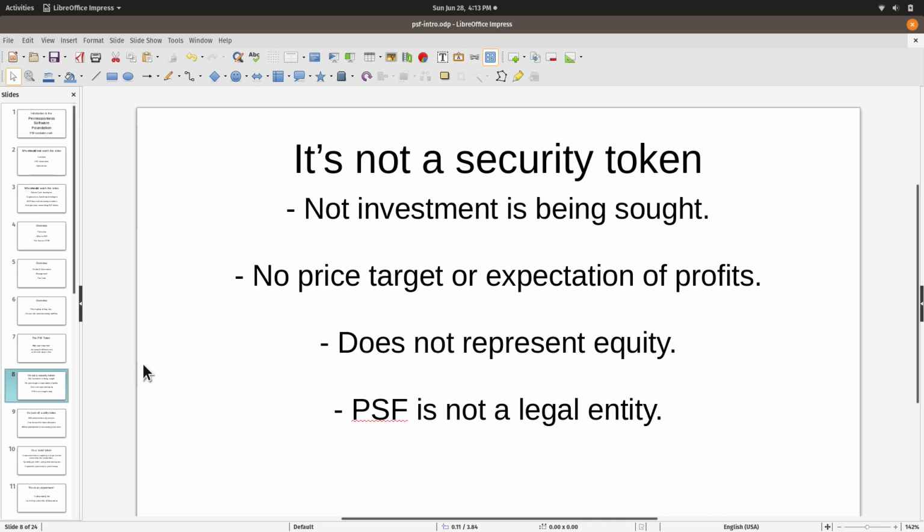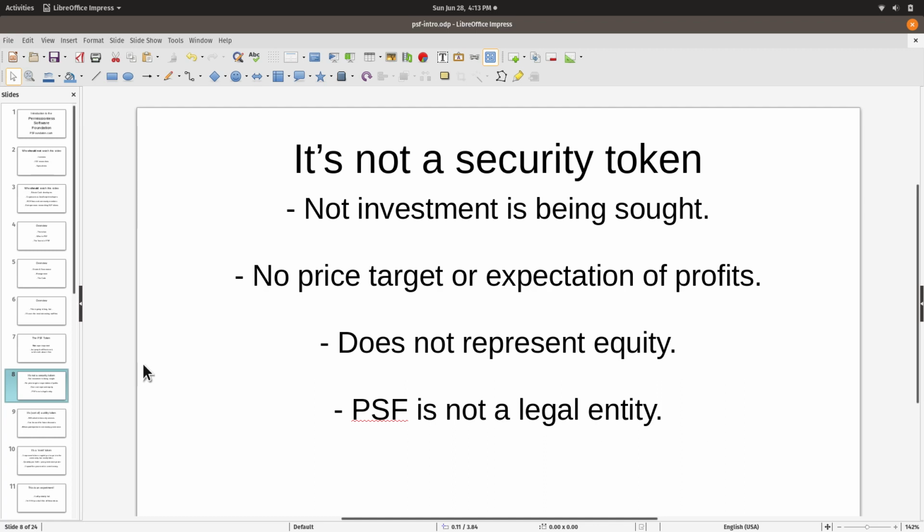So this PSF token is an SLP token, but it is not a security token. It's not an investment. There's no investment being sought. There's no price target or expectation of profits.